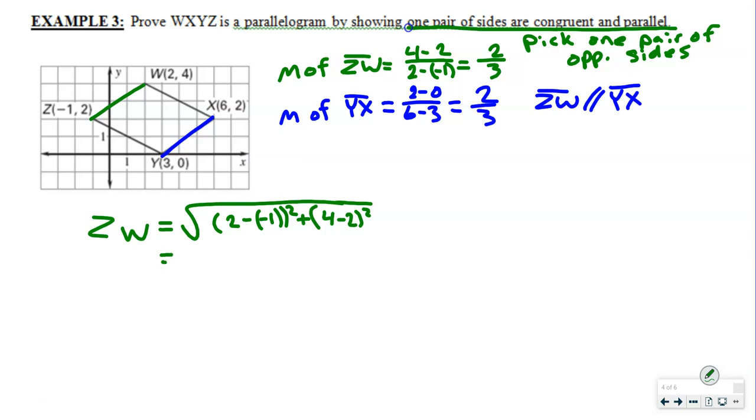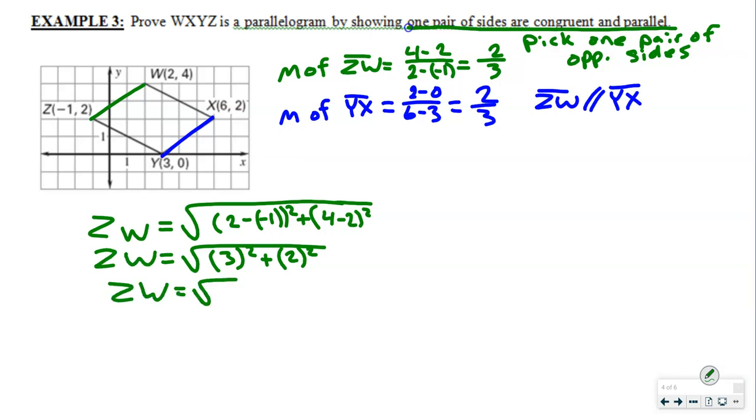Okay, just plugged into the distance formula. 2 minus negative 1 gives me 3. So I've got a 3 squared plus a 2 squared. So that's 9 plus 4 is 13. So the square root of 13 is ZW. So I need YX to also come out to the square root of 13.